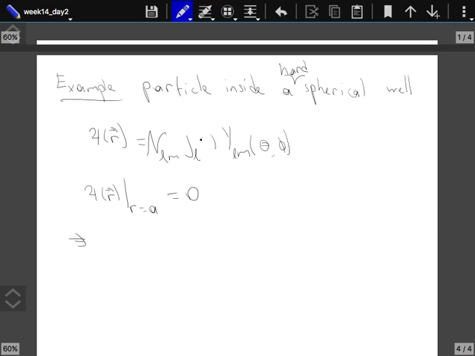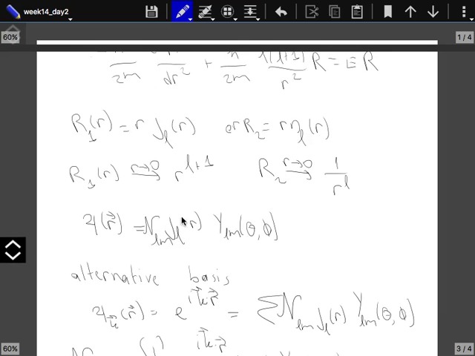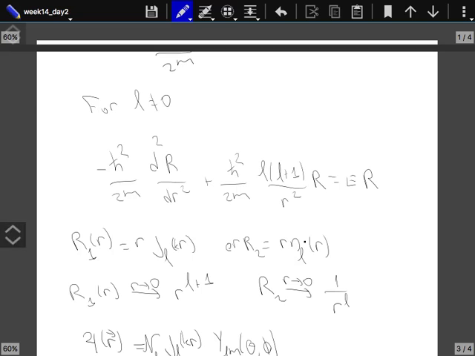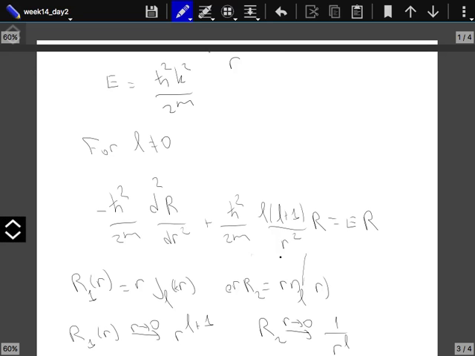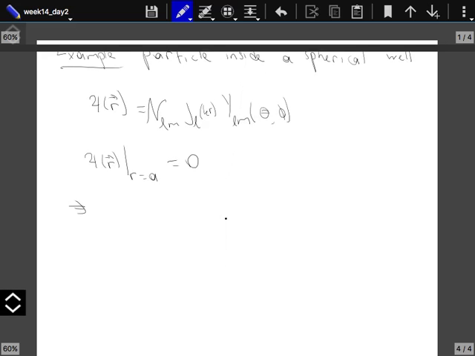This is not j_l(r), it is j_l(kr). This is our solution. But this tells me j_l(ka) should be equal to 0.